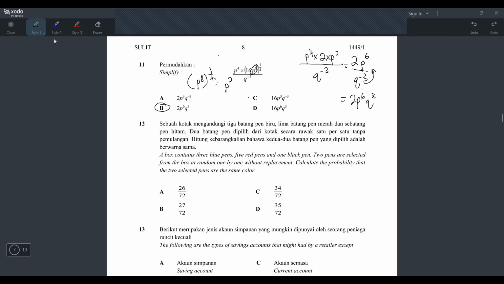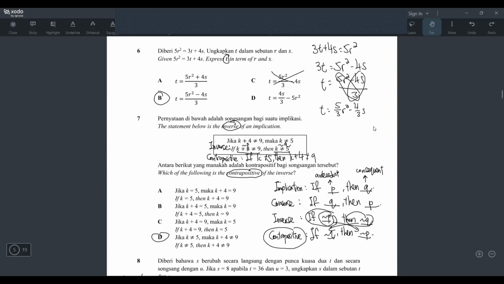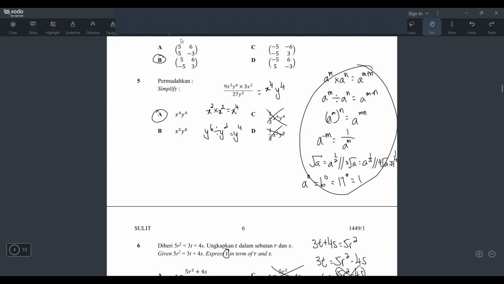So all of this actually depends on whether you have mastered all these formulas or not, right? I also mentioned here, you see power negative, right? If I say A power negative M, it will be 1 over A power M. But what if I say 3 power negative 7? It will become 1 over 3 power 7.